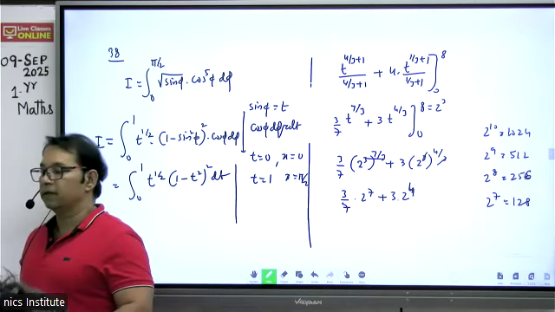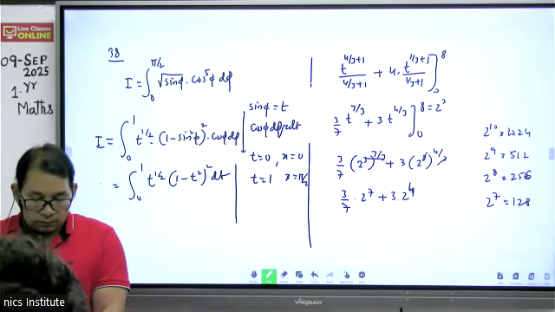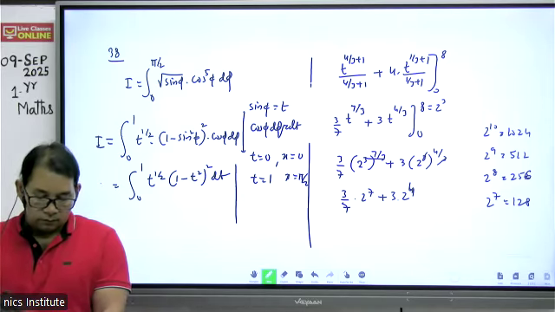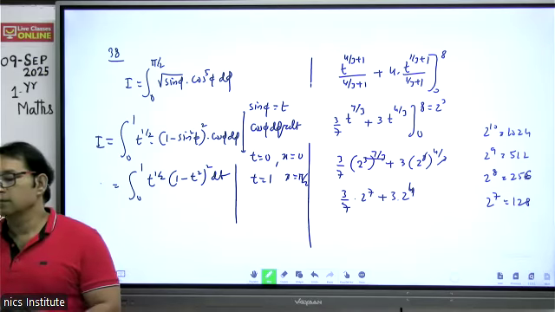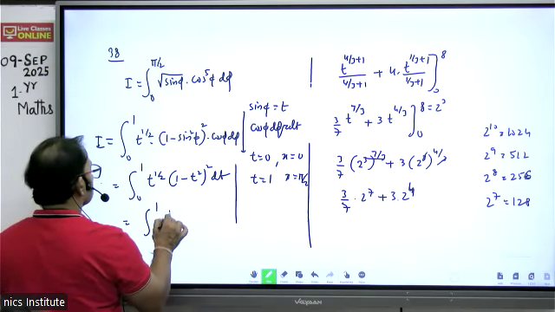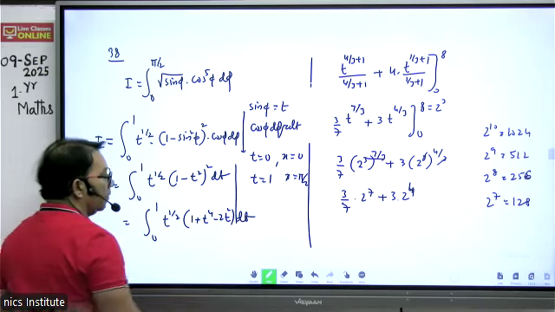Using the identity, you can open it and then put the limits. And you know how to integrate this. Multiply and then integrate it.